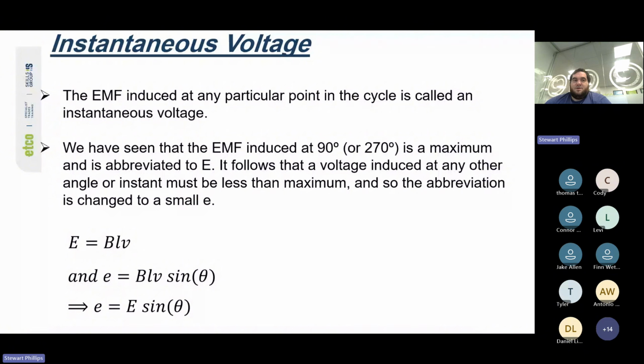So all good. Now we have an instantaneous voltage at 30 degrees of 90 volts. What is the peak voltage? So at 30 degrees, we have a voltage of 90.